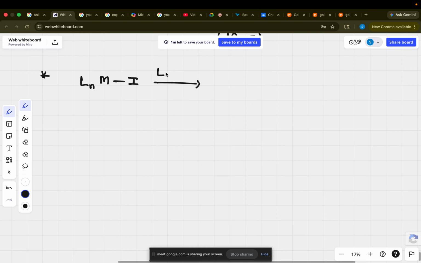Now if I treat this compound with lithium aluminum hydride, you have H minus, so H minus will attack the metal center and iodide will leave. So what I will get is LnMH.